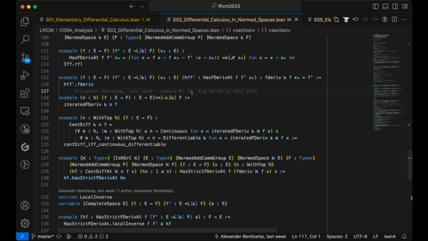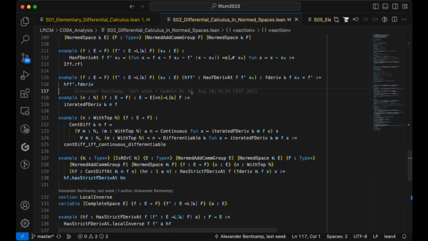Well, I can take it at any point. So I might be talking about the derivative at any point x in there, and then what I'm supposed to get, I guess, is a multilinear map from e cross e into f, and this is a multilinear map.